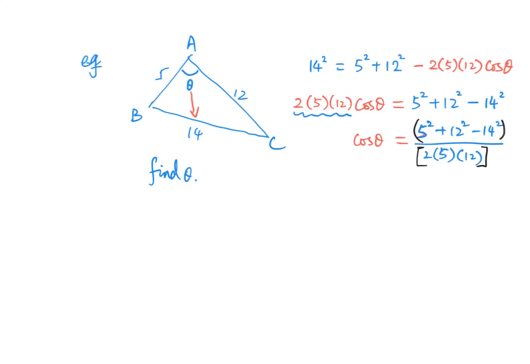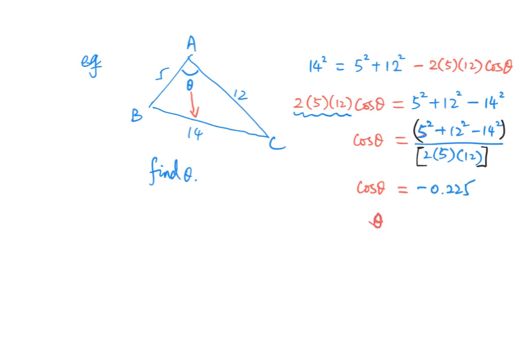Then we will have cosine theta equal to negative 0.225.